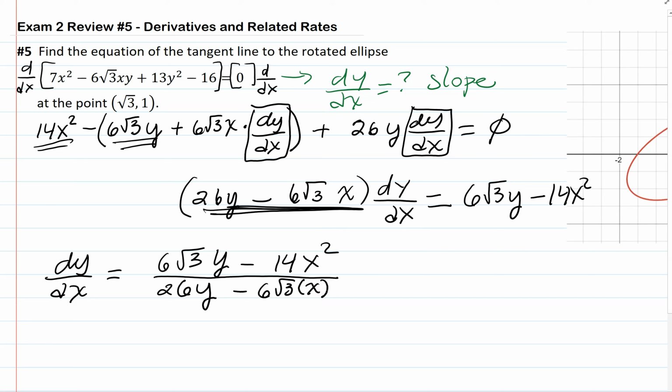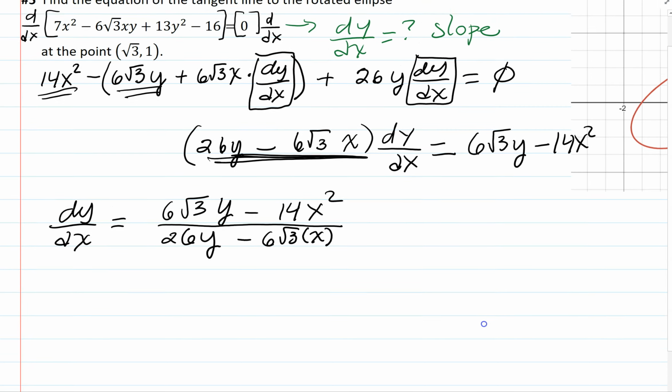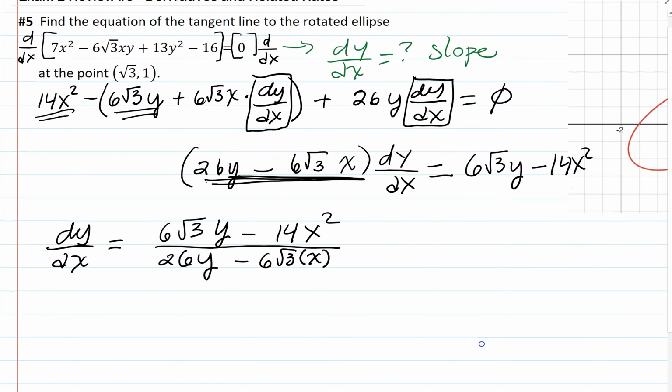Okay, so the next question is, what is the slope? The slope is going to be evaluated at x equals square root of 3 and y equals 1.